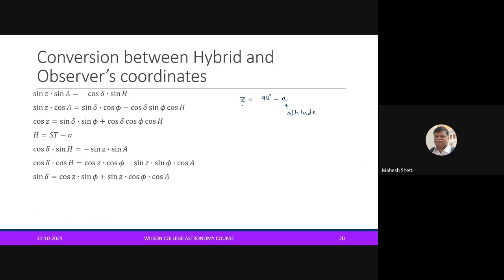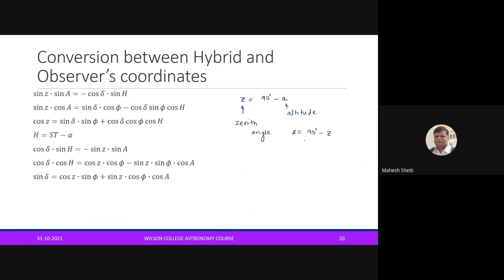So, zenith angle is angle measured from zenith. If zenith angle is 0, it means the object is on zenith. If zenith angle is 90 degree, the object is on horizon, and altitude will be 0. So altitude is equal to 90 degree minus zenith angle.